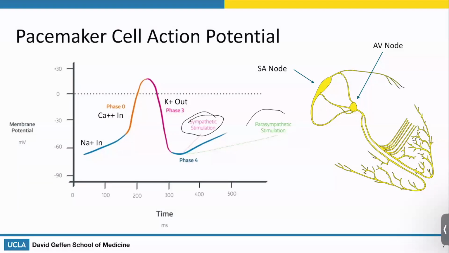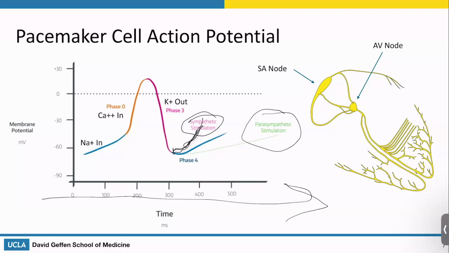Now, if you look here at the end, with the sympathetic and parasympathetic response that are going to come in. If you get sympathetic stimulation, you're actually going to receive this impulse a little bit sooner. We see on this x-axis that this is representative of time. So if the sympathetic system comes in, it's going to increase the speed of contraction.